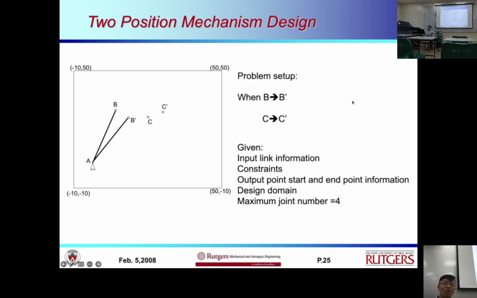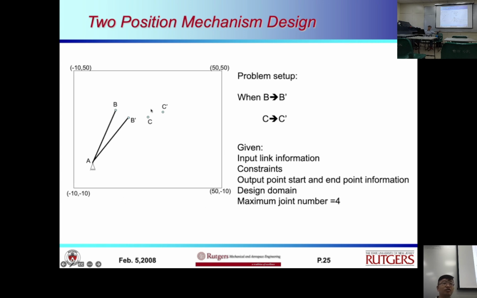Okay, so this is an example where for the problem itself, there's a fixed point A and an input point B. She's going to rotate AB by a certain degree, so B moves to B prime, and there's a point C. She wants C to go to C prime.